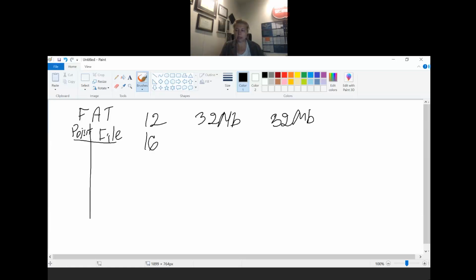It had a maximum file size of up to 2 gigabytes, which tremendously increased the size of files you can write into the system, right?